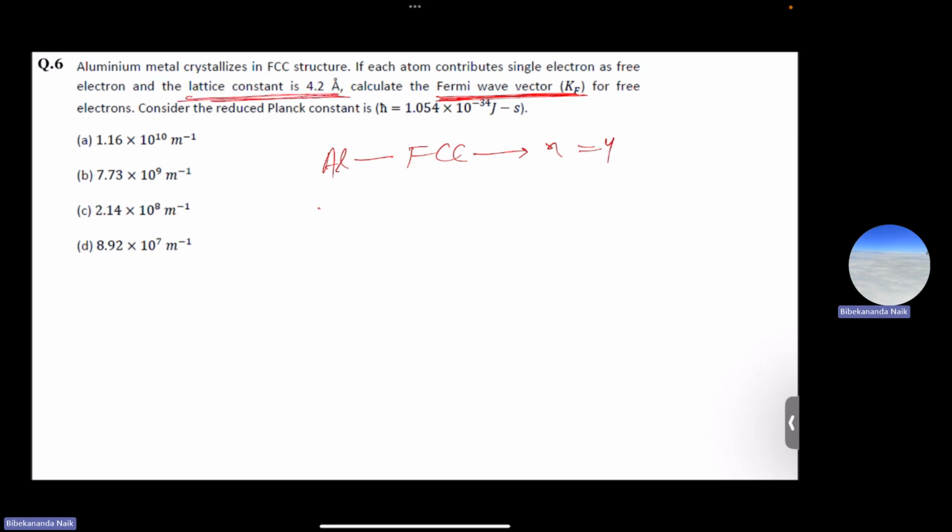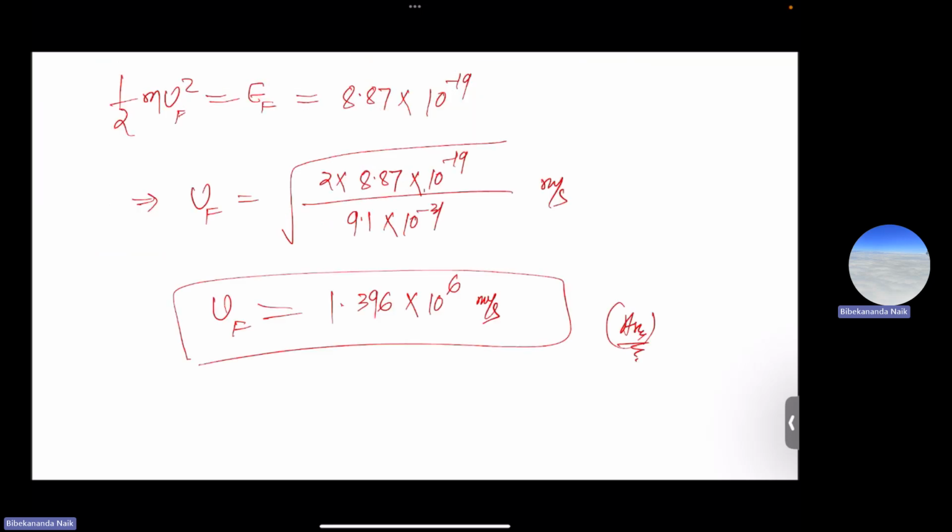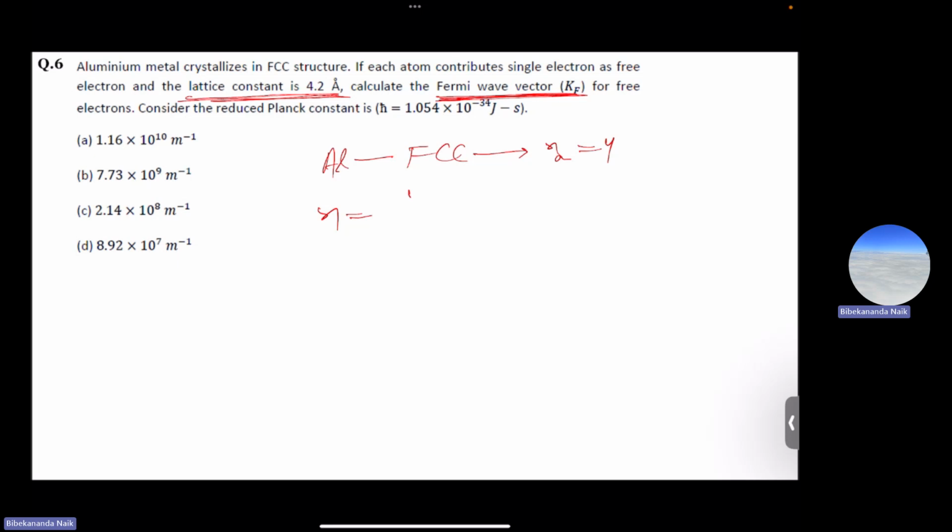So very simply we can calculate. Suppose this is NA, that is the number of atoms per unit cell. So the number density of electrons will be 4 by the volume of the unit cell, that is 4.2 angstrom cube. That is 4 by 4.2 into 10 to the power minus 10.